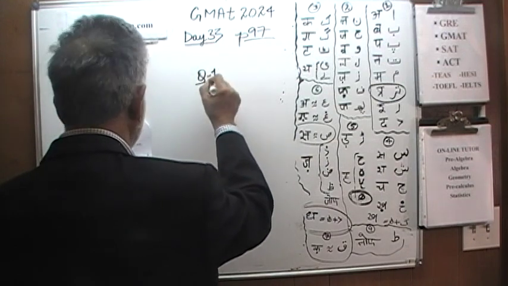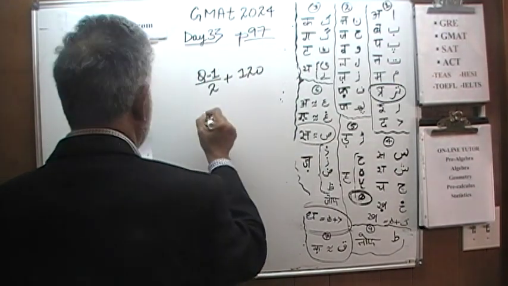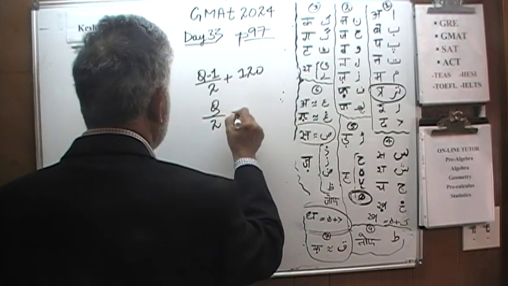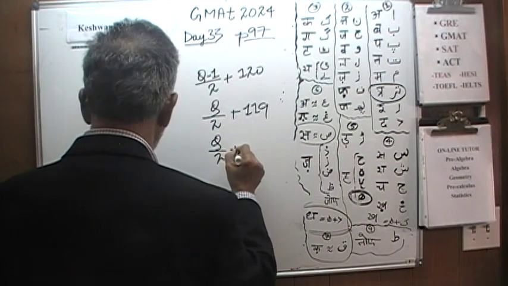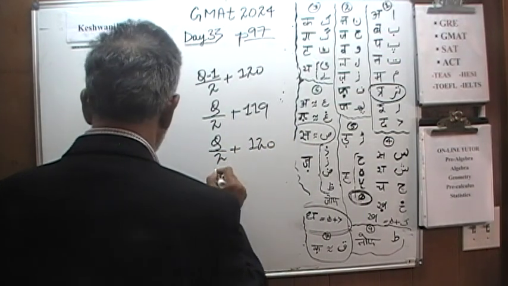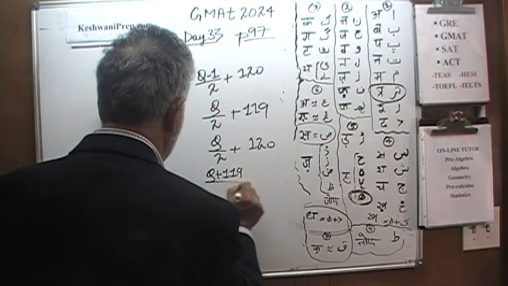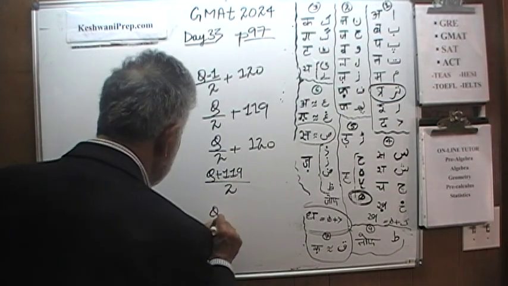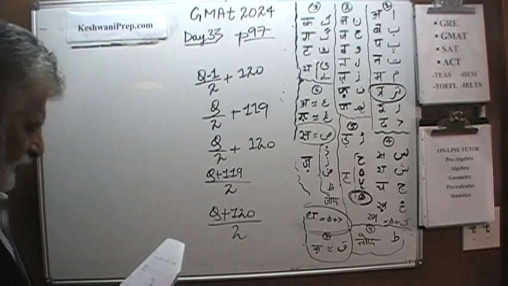Q minus 1 over 2 plus 120. Q over 2 plus 119. Q over 2 plus 120. Q plus 119 over 2 over Q plus 120 over 2. Those are the answer choices.